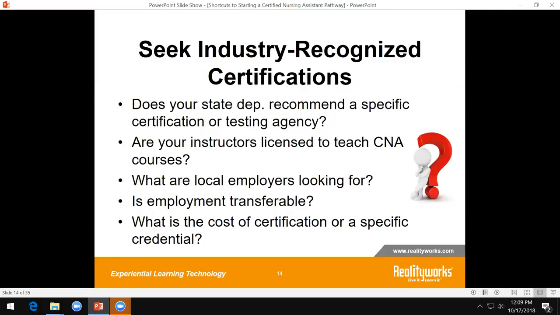So take a look at what your state mandates. CNAs typically have to take a test that requires them to carry out some sort of skills proficiency evidence, such as taking blood pressure, putting on compression stockings, patient bathing, that sort of thing. Again, think back to the 6 key elements for developing career pathways. Certifications and credentials are part of the step for aligning policies and programs.